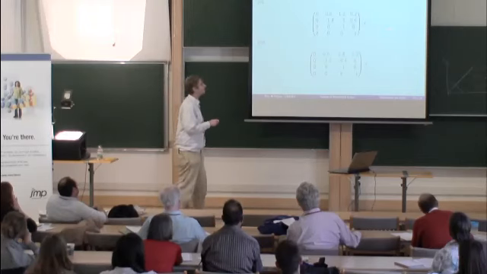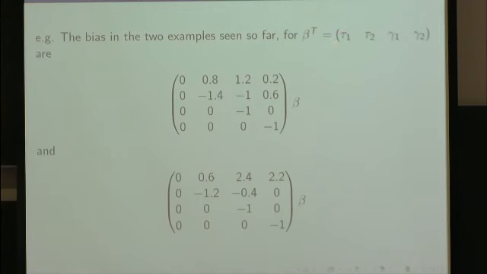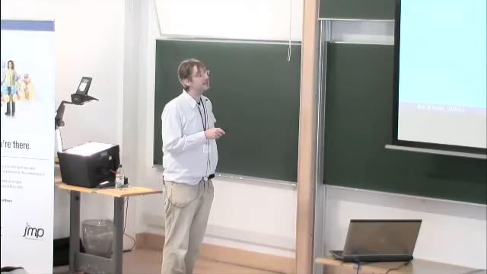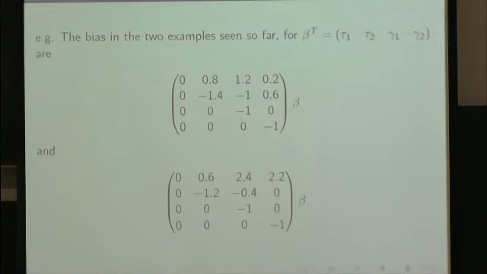Just to skip over this quickly because I'm running out of time, this beta is our two subject effects and our two network effects. If we misspecify a model which has a network effect and we pretend it doesn't, then this is the way we can work out the bias based on the true value of those parameters.